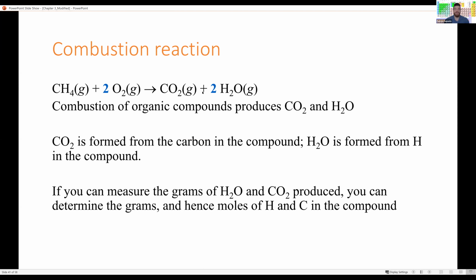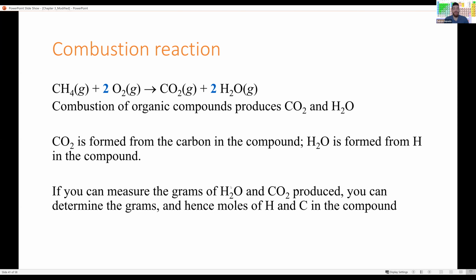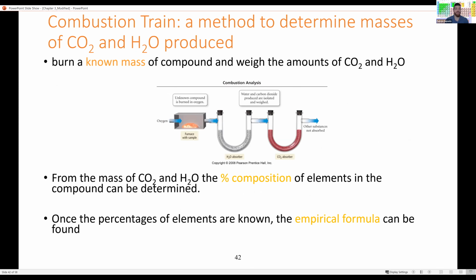We're going to learn balancing, I believe, next chapter after the exam. The idea is, if you can measure the grams of water and CO2, you can determine the grams of C and H in the compound, and therefore determine what the compound is. So you can use these combustion equations to figure out how much you started out with, and exactly what you combusted, because you can figure out the ratios.